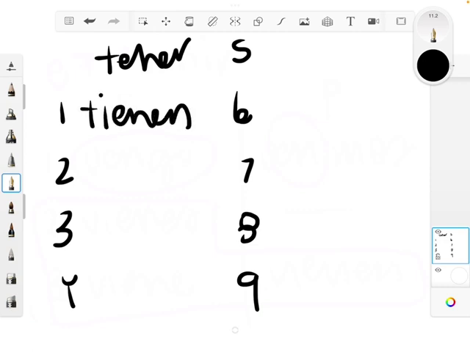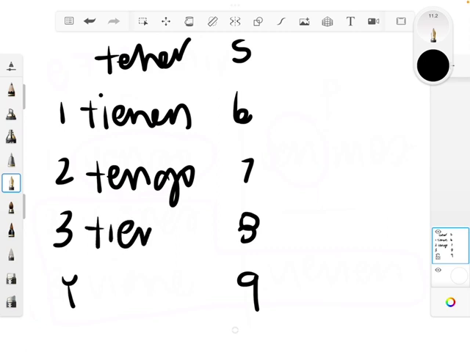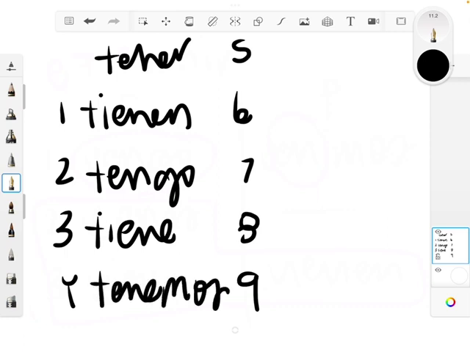Ellos tienen dos hermanos. Yo tengo una hermana. El artista tiene 3 primos. Nosotros tenemos 10 tíos. Eva y Diana tienen un sobrino.